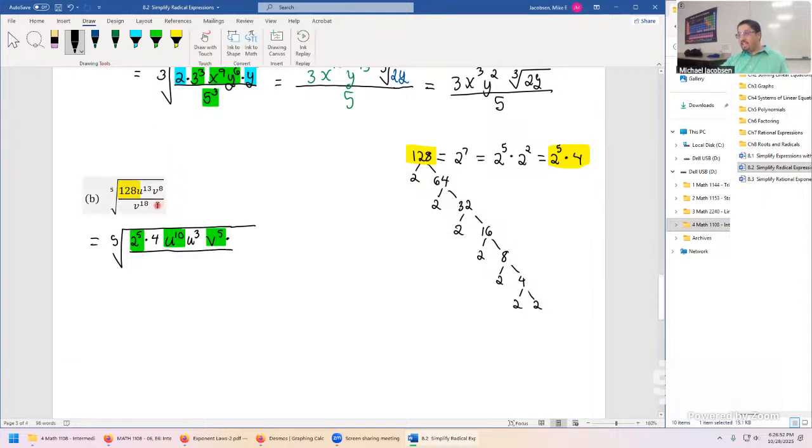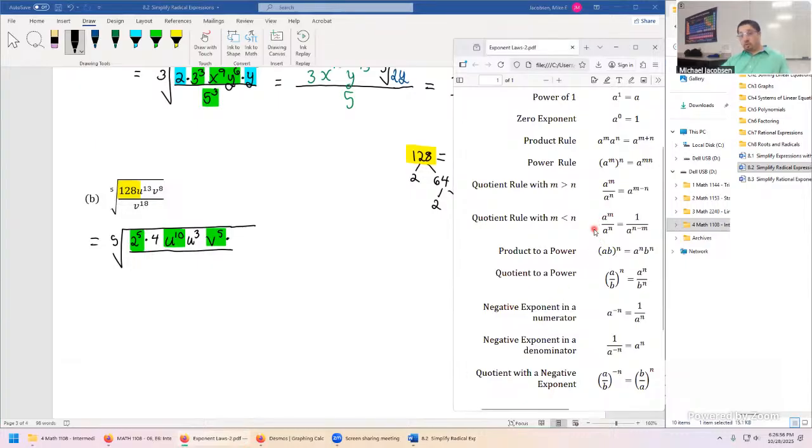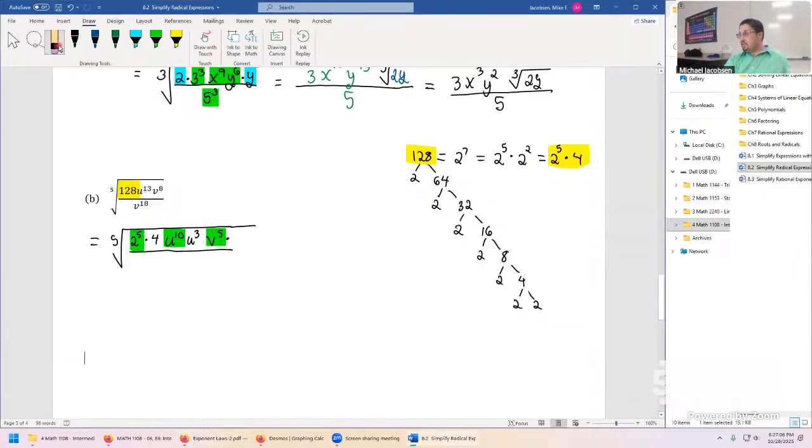If we do v power of 8 dividing into v power of 18, we're using this exponent law. The largest exponent is in the denominator, so we just take 18 minus the 8. So this 8 will subtract from this 18 and leave v power 10 in the denominator.